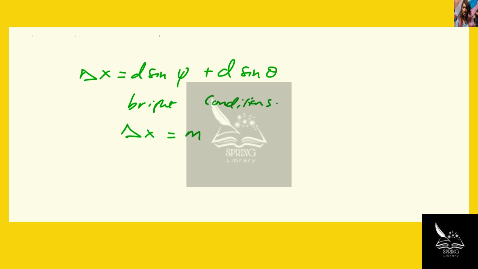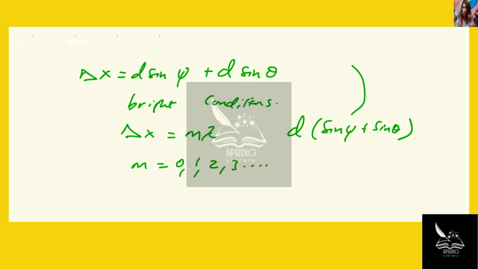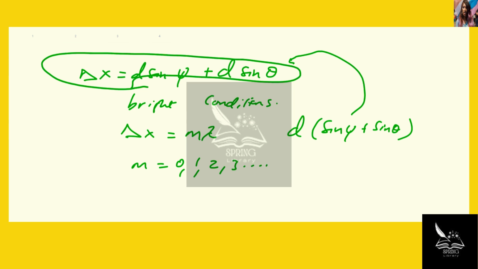we have delta x equals d sine phi plus d sine theta. So for the bright conditions, we know that delta x equals m lambda, where m equals 0, 1, 2, 3, and so on and so forth. And so d (sine of phi plus sine of theta) is exactly the same as delta x. If you expand this, you're going to get delta x.